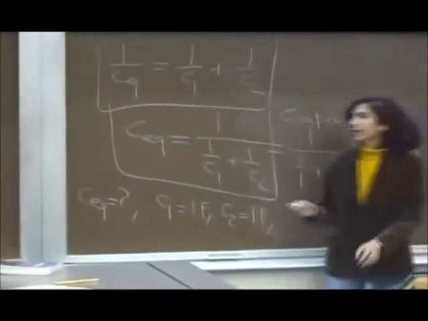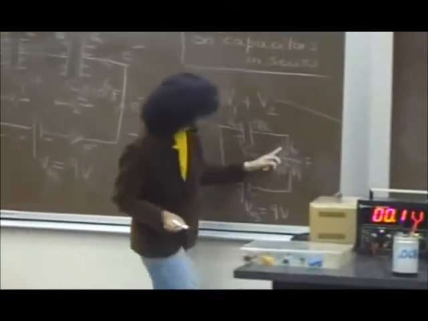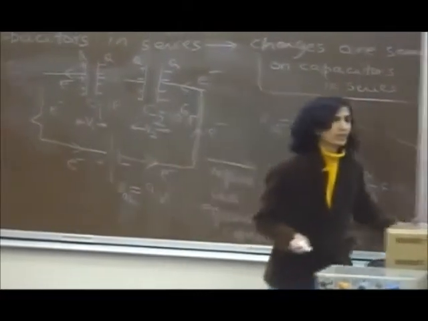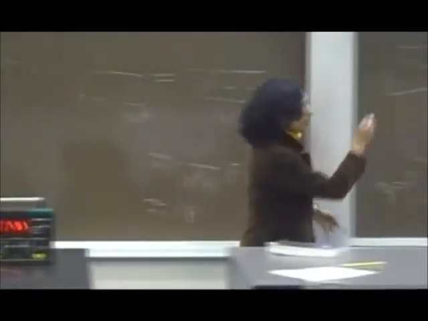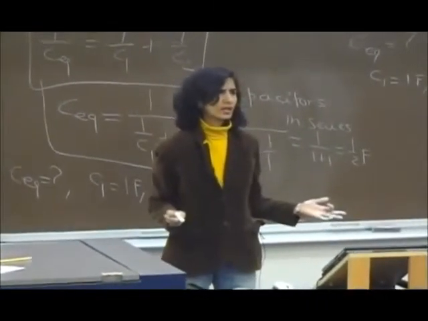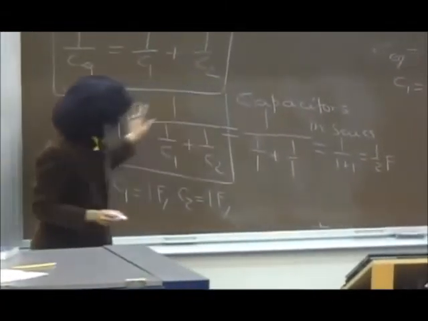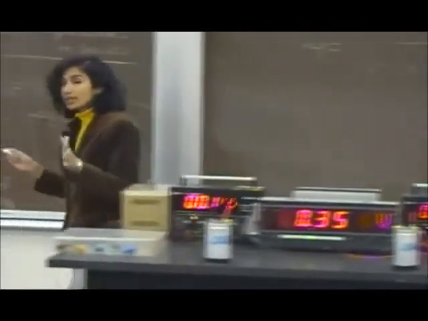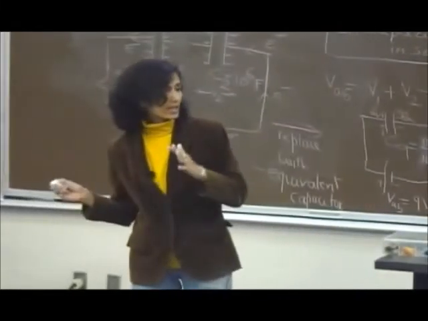In this case we had 1 and we had 10 power 6, and this number, 10 power 6 divided by 10 power 6 plus 1, is smaller than both of them. It's smaller than 1 and it's smaller than 10 power 6. Does that make sense, folks? So the way this result works out, the equivalent capacitor of two capacitances in series is always going to be smaller than each of them.